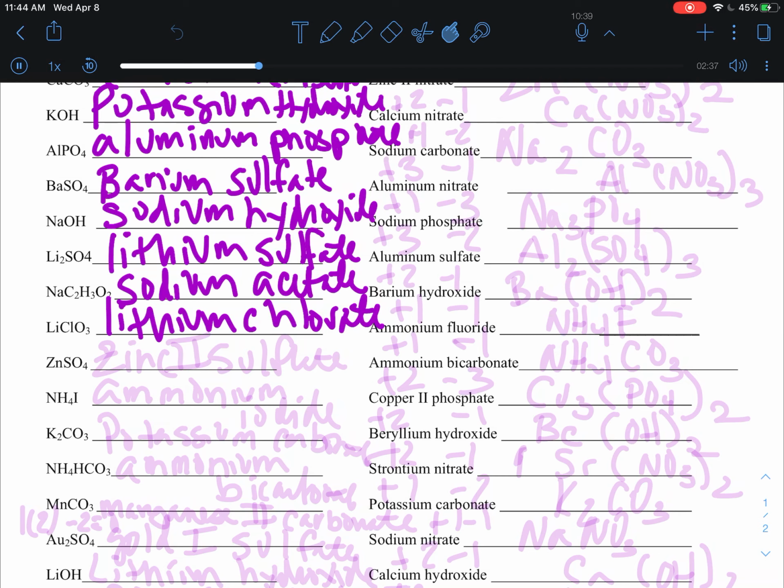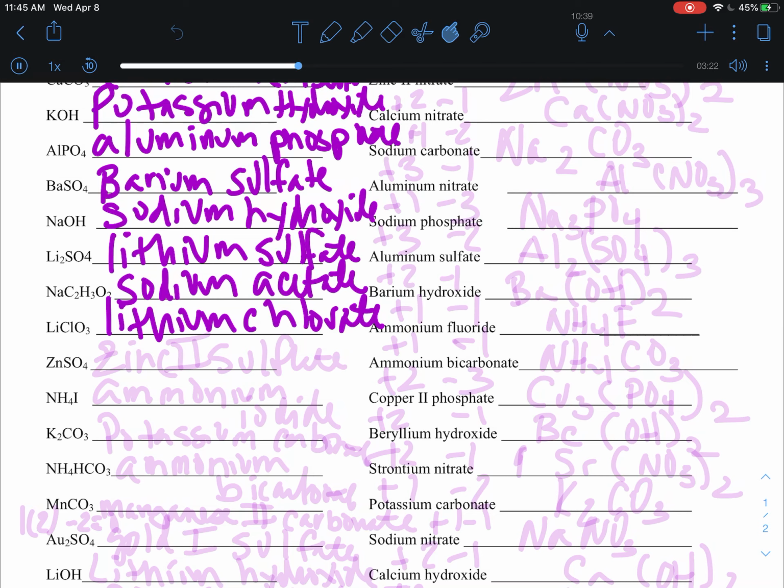zinc. I've got to double check on zinc. For transition metals, if you look on the copy of the periodic table that I handed you before the last time I saw you, not all transition metals have multiple charges, right?